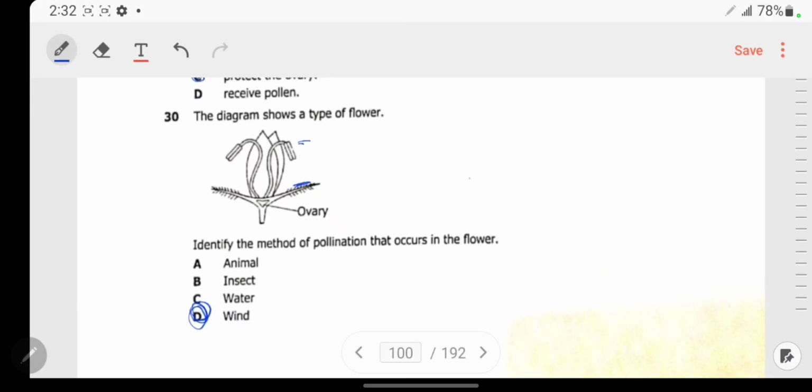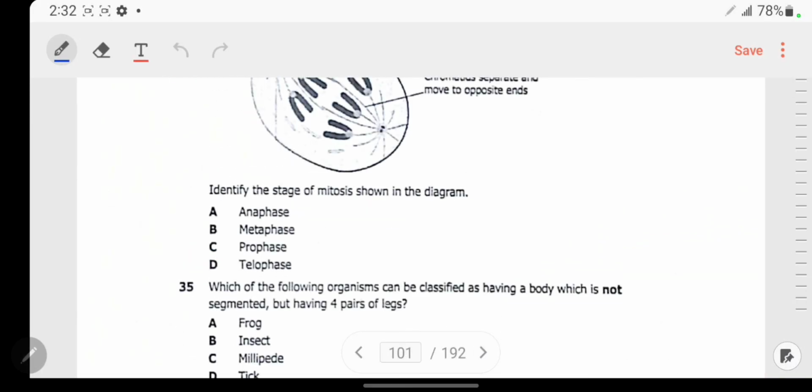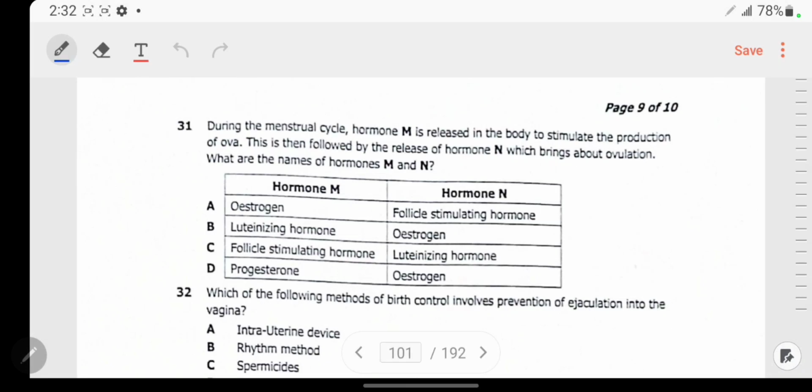Looking at 31, during the menstrual cycle, hormone M is released in the body to stimulate the production of ova. This is then followed by an increase of hormone N, which brings about ovulation. What are the names of hormones M and N?